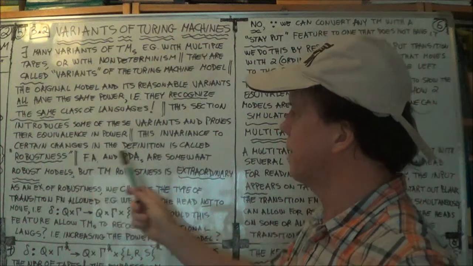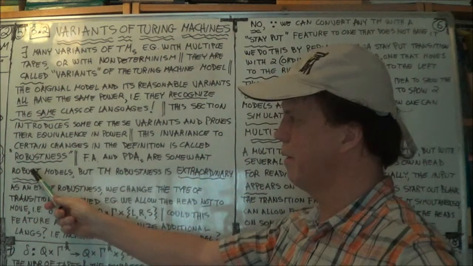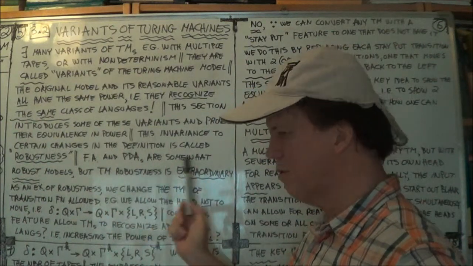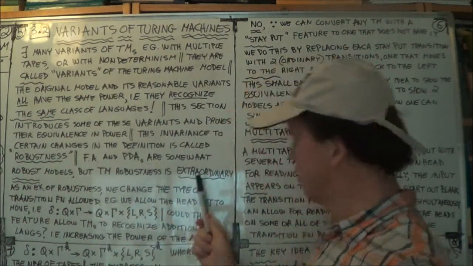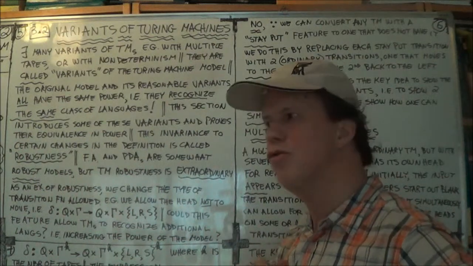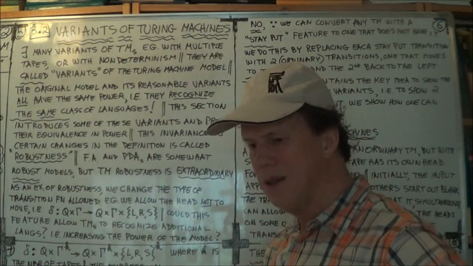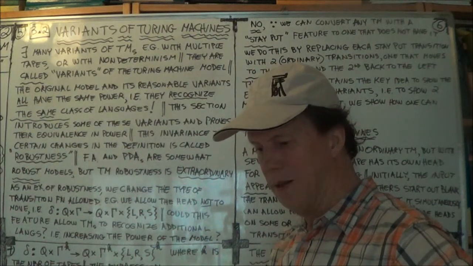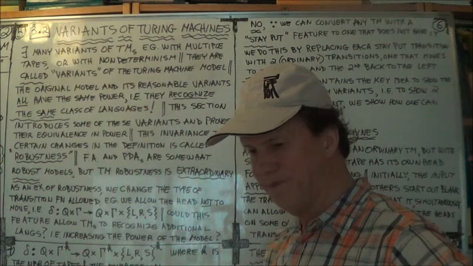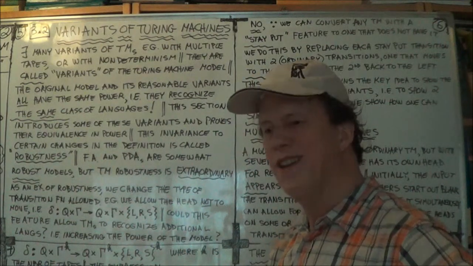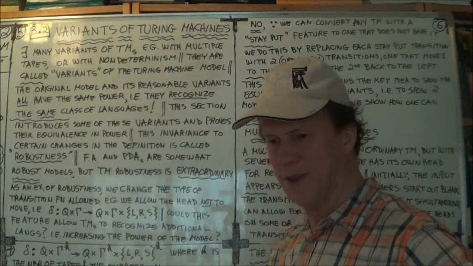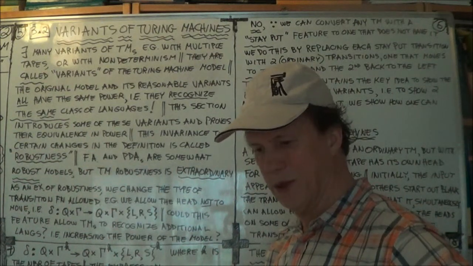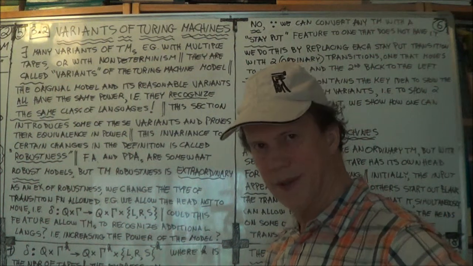Now finite automata and PDAs are somewhat robust. We haven't really talked about that. But the level of the Turing machine's robustness is extraordinary. It's a strong word in English, meaning it surprises by just how robust it is. It's a huge step to go from the simple Turing machine design we've been talking about to, say, today's supercomputers.